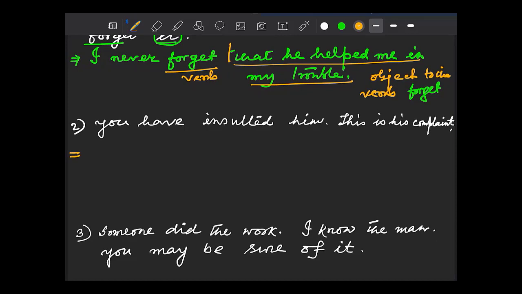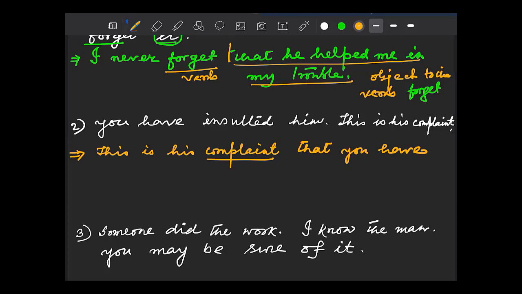Number 2, you have insulted him. This is his complaint. So you are right. This is his complaint that you have insulted him. This is a noun, that you have insulted him.